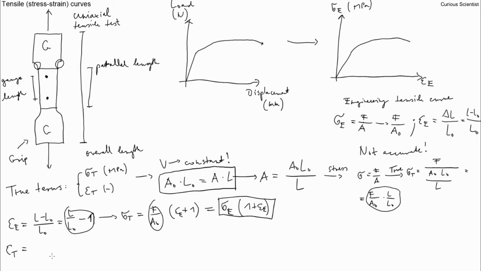So what we would like to calculate is the displacement between L and L0, so the actual length and the initial length. We do it like this, so we integrate the whole thing, which is basically something like this.